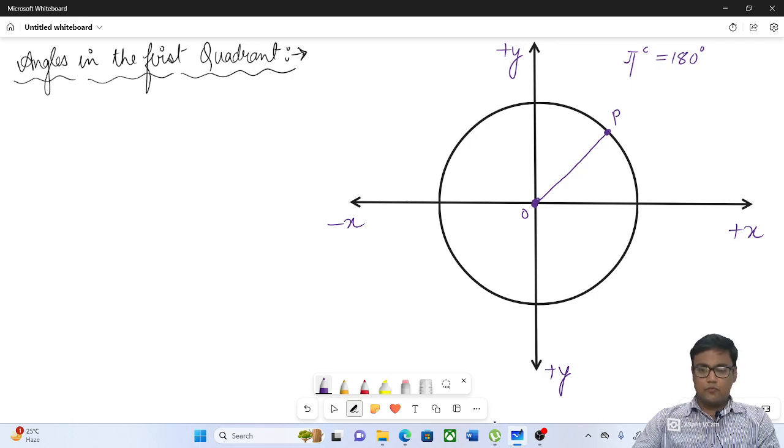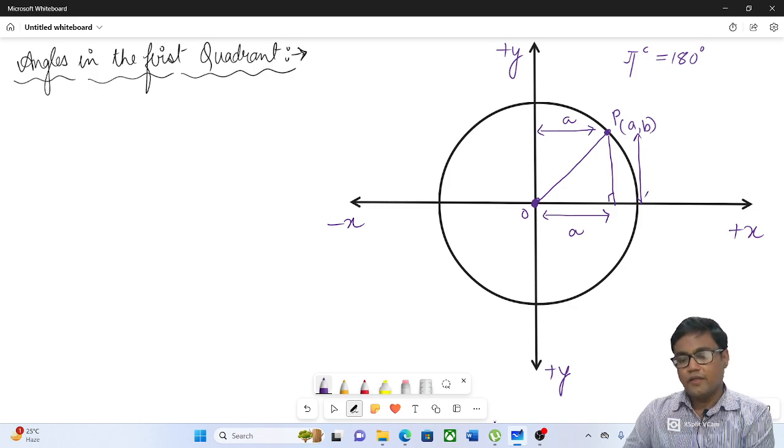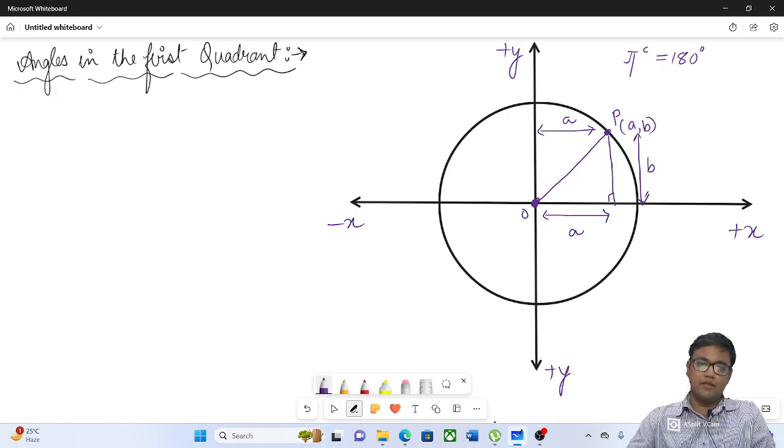Let us name the point as P and the coordinates of this point as a comma b, and let us complete this right angle triangle. Why? Because we know that the distance of the point from the y axis is called the base. This is the base of the triangle, and the distance of the point from the x axis, children, that is the height of the point, and it is b.